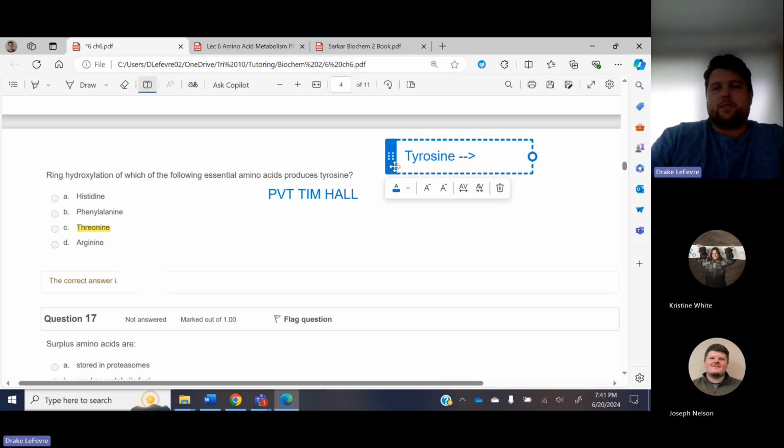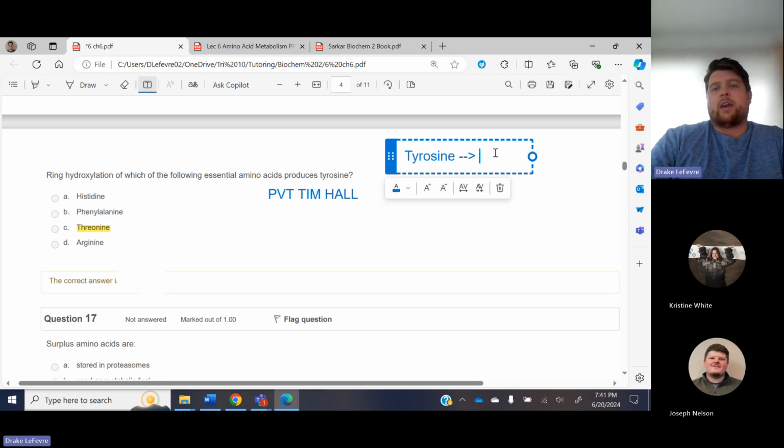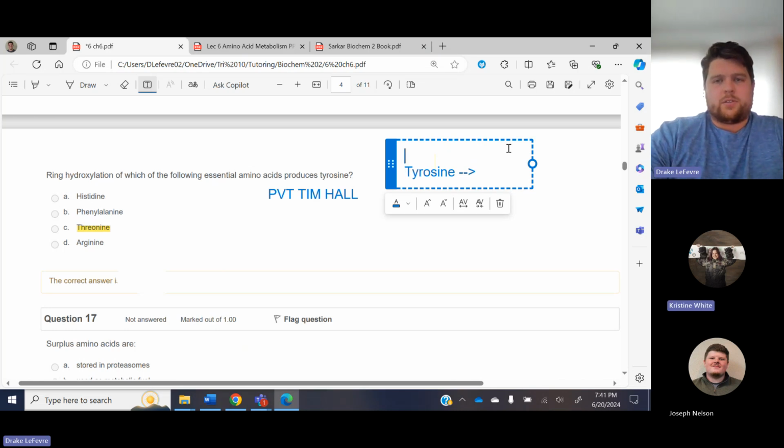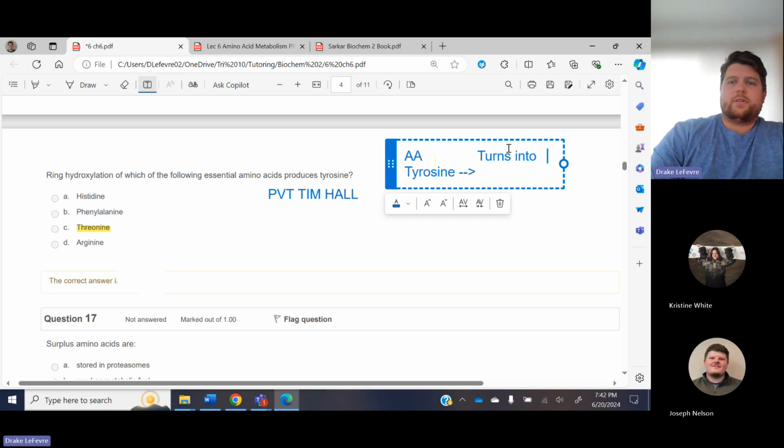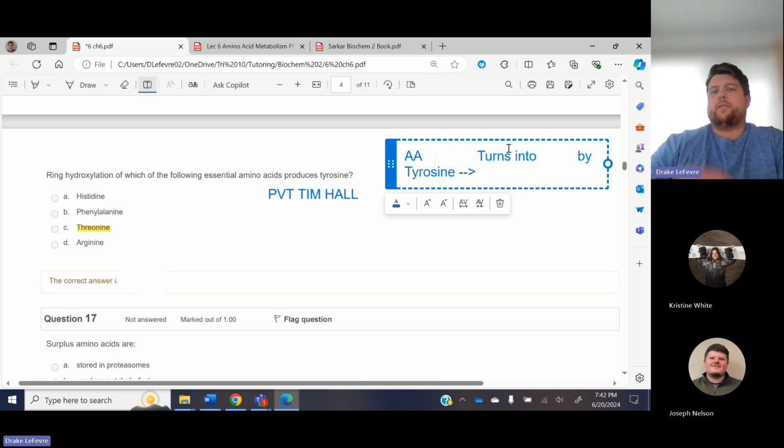As you continue to read through the material and study through the material, have a running list of, okay, this is all the things tyrosine turns into. So I'd probably make a little chart: the amino acid, and what it turns into, by whatever. So this would be tyrosine.